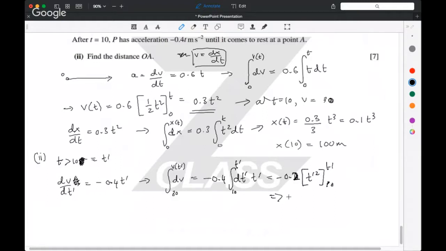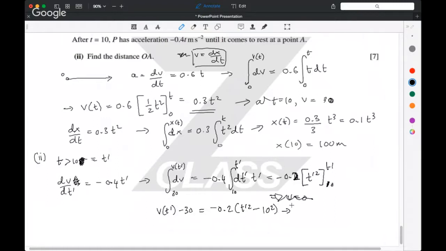Okay, well, let's solve this. Let's just write this properly. So we get that v at t prime minus 30 is equal to minus 0.2 times (t prime squared minus 10 squared). That's a 10 there.